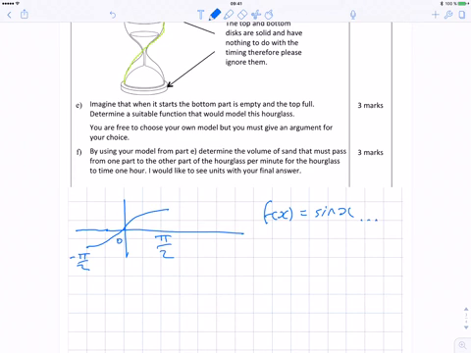So I'm going to define it more by bounding it. So sine x, when it's between minus pi by 2 and pi by 2, or otherwise.